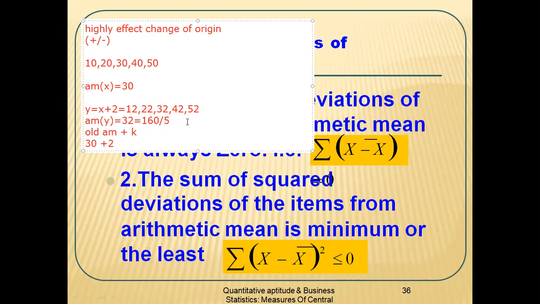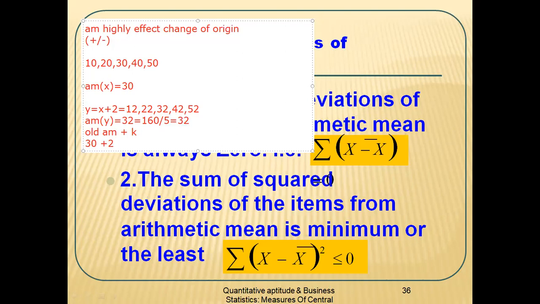It is varying. If I add 2 to each observation, the earlier arithmetic mean was 30, but the new arithmetic mean is 32. Is it the same or changing? The arithmetic mean is changing. As it is changing, we say that arithmetic mean is highly affected with change of origin.